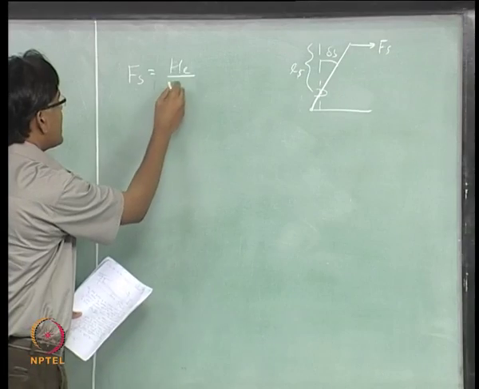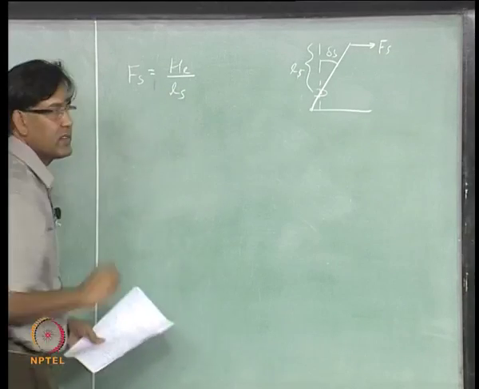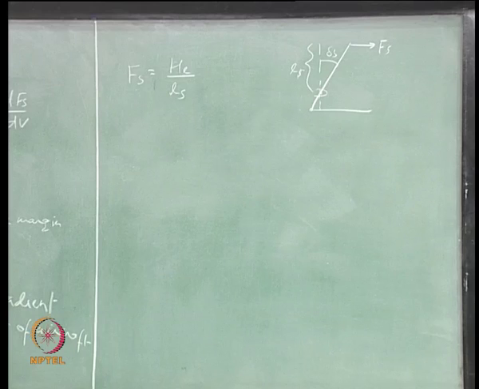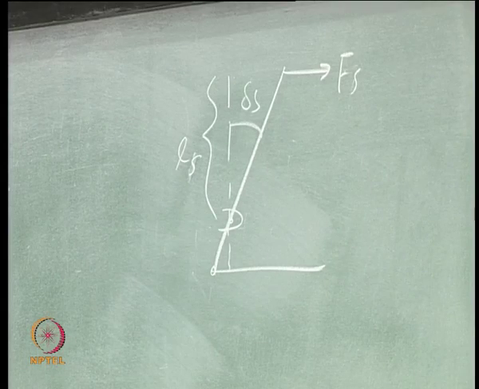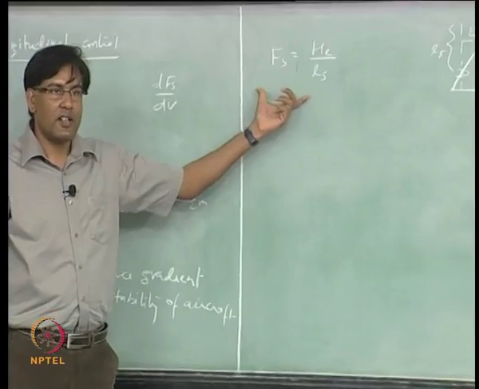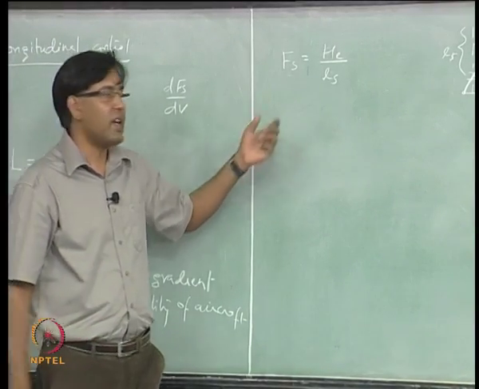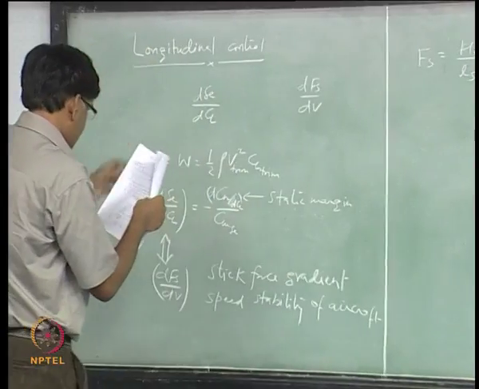So Fs is actually He over Ls. Okay. Now again the expression that I gave you yesterday was based on the work balance, right. Here is the moment balance, right. So let us look at this.